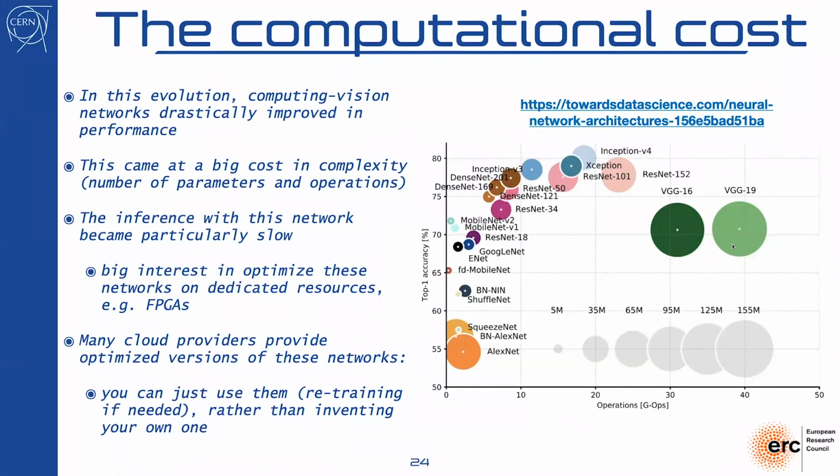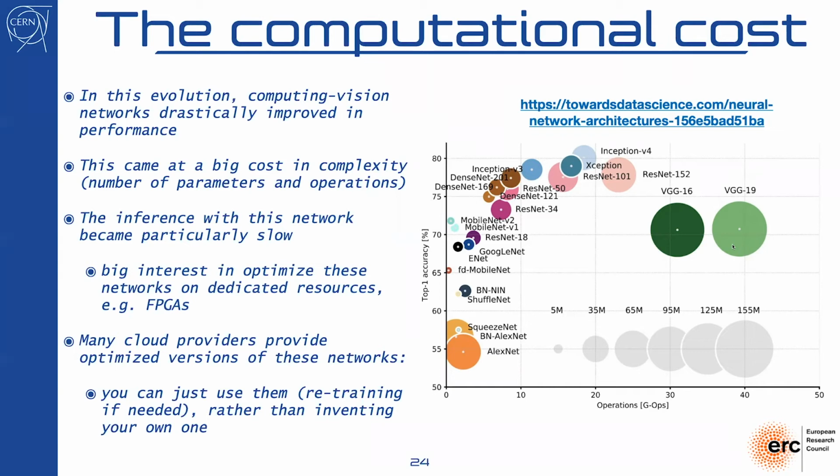It's a classification task on images. You start with AlexNet, and then all the different evolutions that you had, and you get to VGG, ResNet, DenseNet, Inception, and so on.